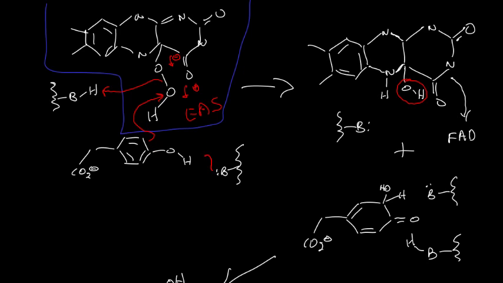To stabilize that, remember cations aren't very stable, an adjacent base on an enzyme or an amino acid deprotonates here, and these electrons drop in at the same time. That's why I showed this carbonyl or carbon-oxygen system over here like that.